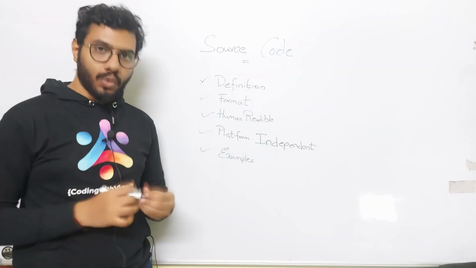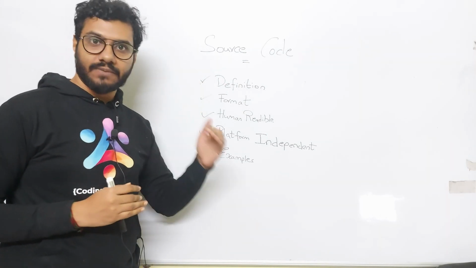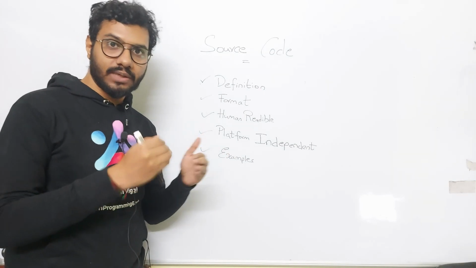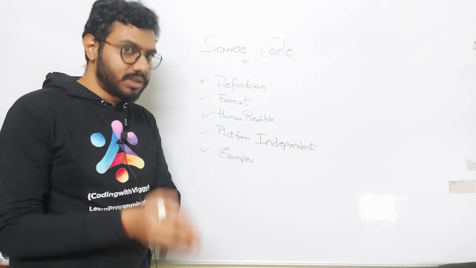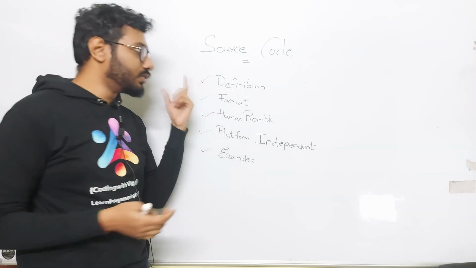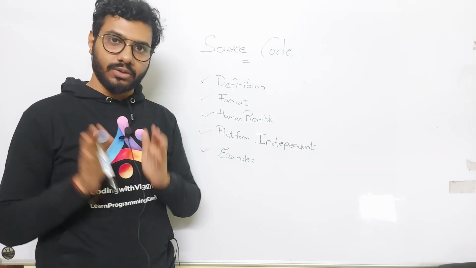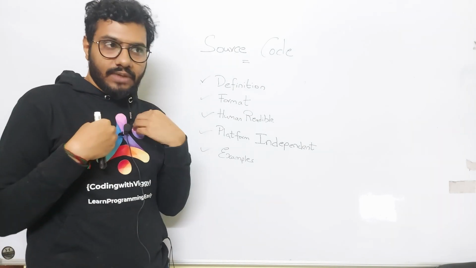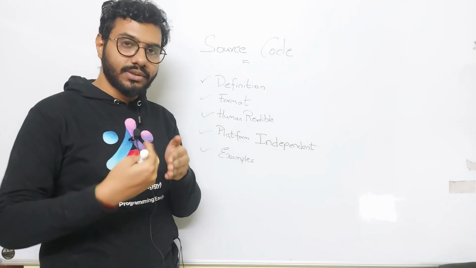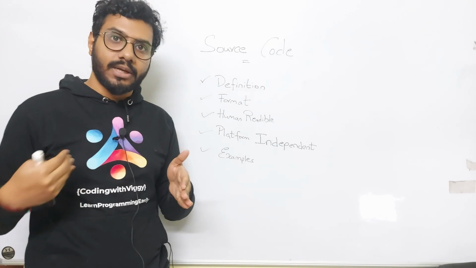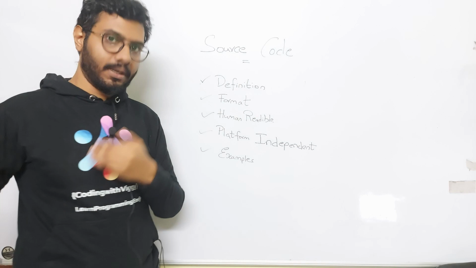So as we spoke about machine code, now we'll talk about source code. We have seen machine code is in zeros and ones, only understood by the machine. What is source code? Source code is a human readable language like Java, Python, C++. We as programmers understand that. The set of instructions understood by the programmers is what source code means. It's a high level language.